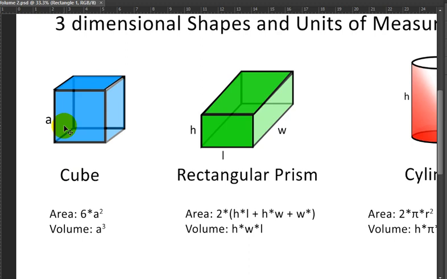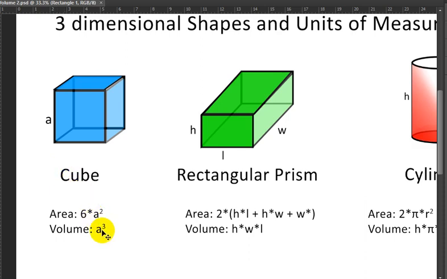So when we say the area, what we need to do is find the area of one square, and since they're all exactly the same, just multiply that by 6. Well, how much is the area of a square? That's one side, a, times another side, a, so a squared.